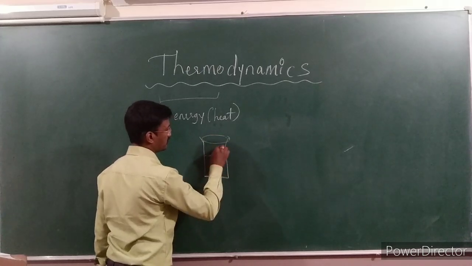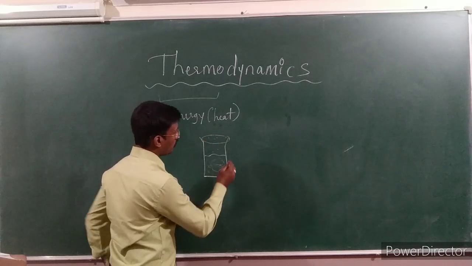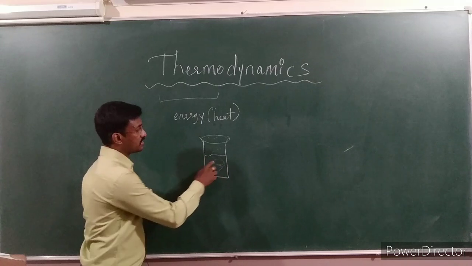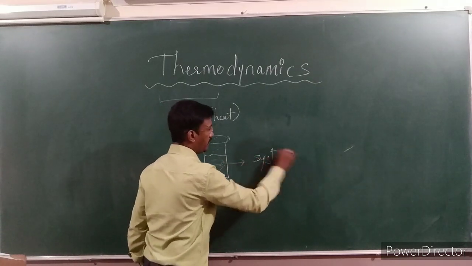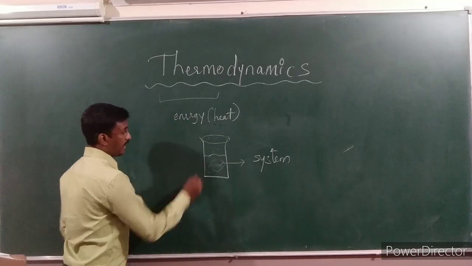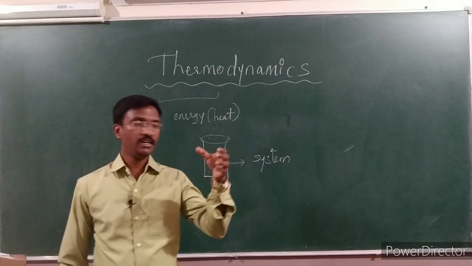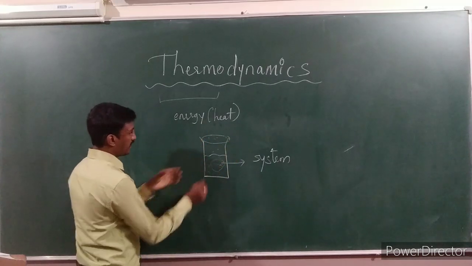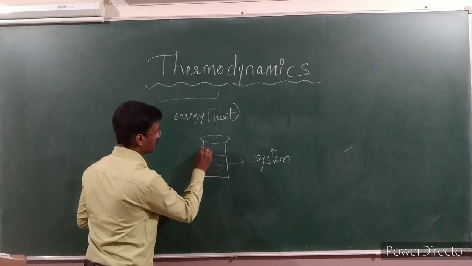Hot tea is present, and we are holding it in our hand. This tea is called a system, and whichever we are holding, the glass which is containing the tea, our hand is called the surrounding. I am holding this one.